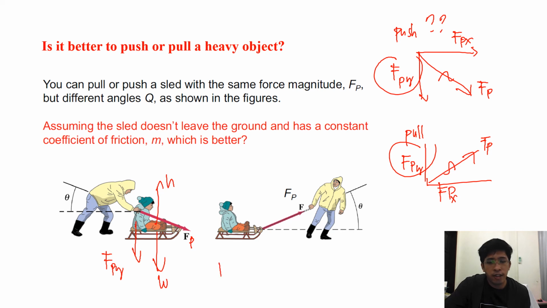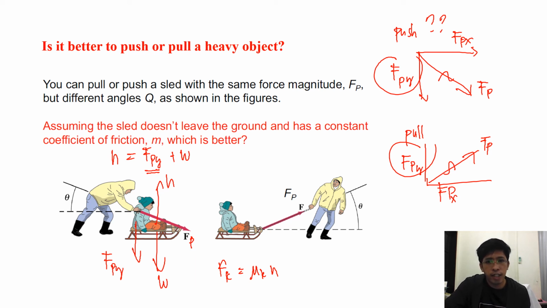Take note that your Fk is equal to your mu kN. And here, your normal force is equal to your Fpy plus your weight. So there is an additional force Fpy in your normal force when you're going to push.